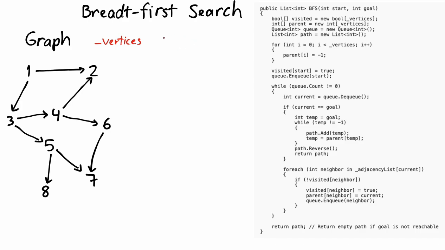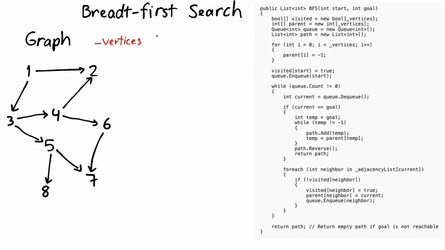And this contains those vertices, and we also have a list of connections. So we have an adjacency list about those connections, but let's start with vertices.